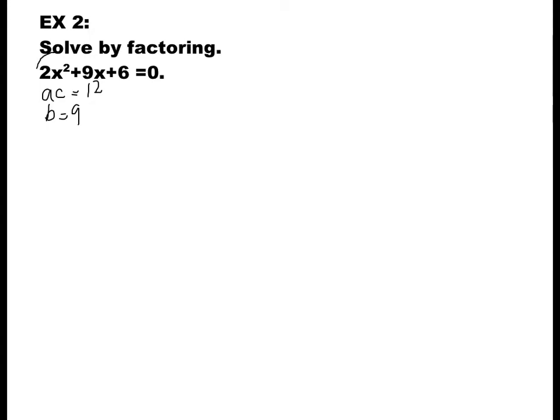So I take these two again, package them together, so I'm going to get 2x squared plus 9x plus 6 is equal to 0. Now since the leading coefficient has to be 1, I'm going to factor out 2, so I get 2 times x squared plus 9 over 2 x plus 6.